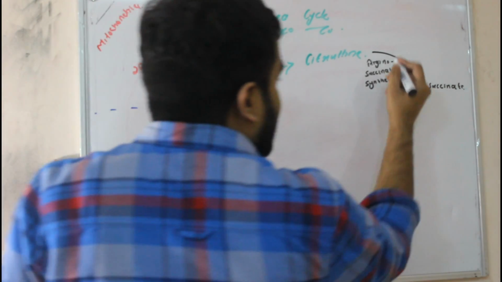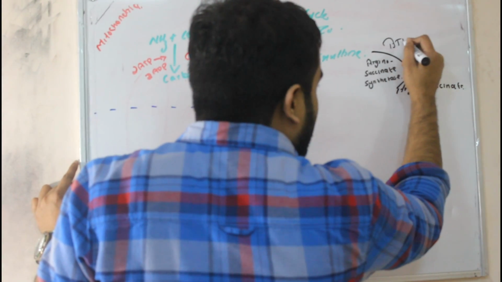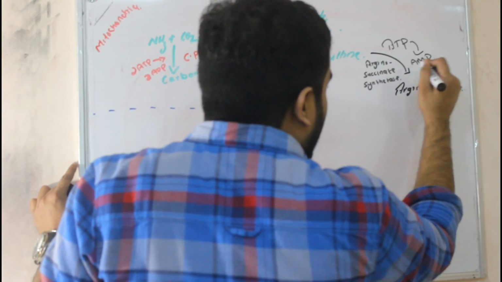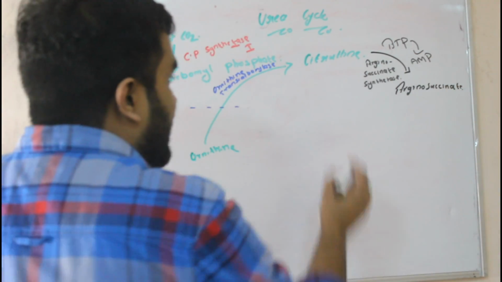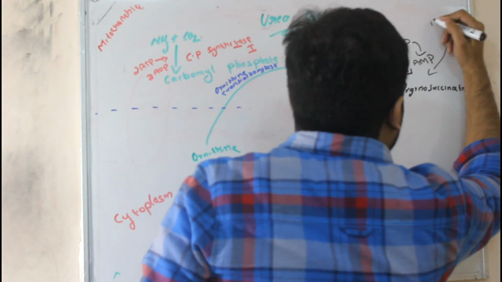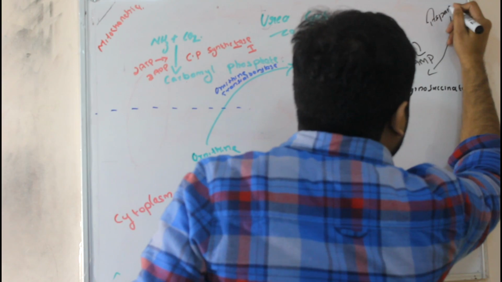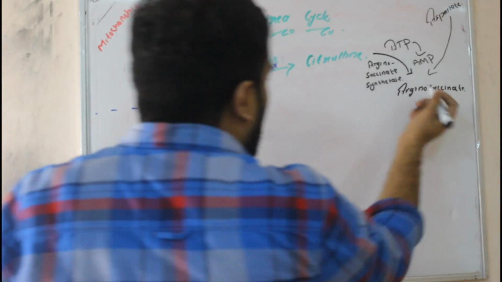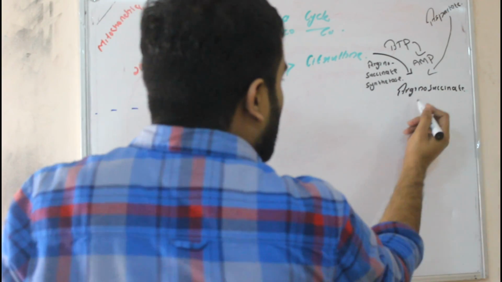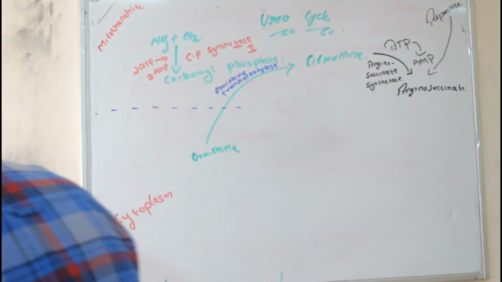ATP is becoming AMP. In this step, one guest is entering here, that is aspartate. So how is argininosuccinate forming? Citrulline will combine with aspartate and form argininosuccinate.